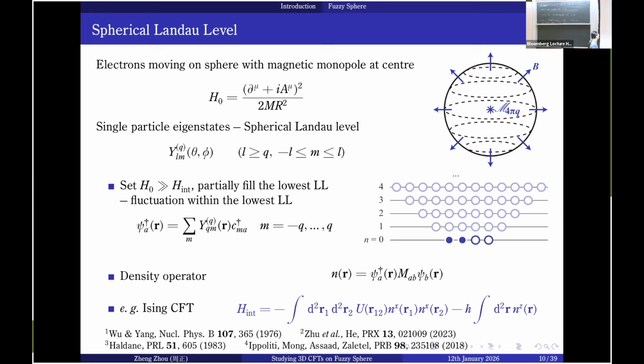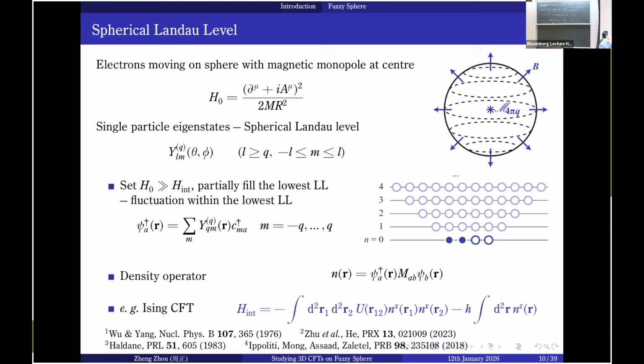So for example, to construct the Ising CFT, which spontaneously breaks a Z2 symmetry, we only need to consider 2 flavors of fermions on the lowest Landau level, which carry Z2 odd and Z2 even respectively, and add a density attraction that mimics the Ising type interaction, and then add a polarizing field.